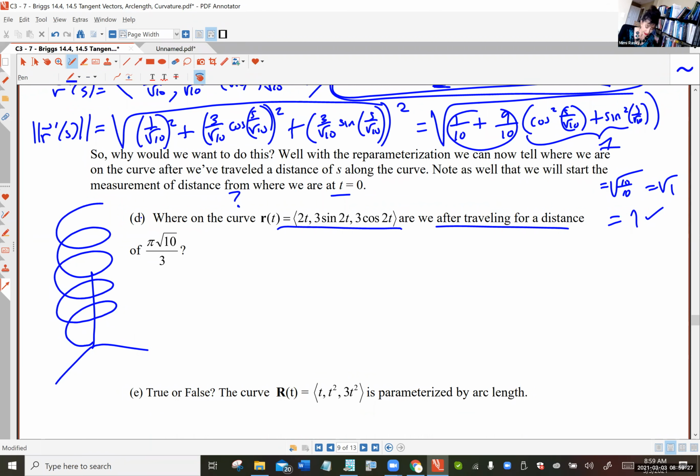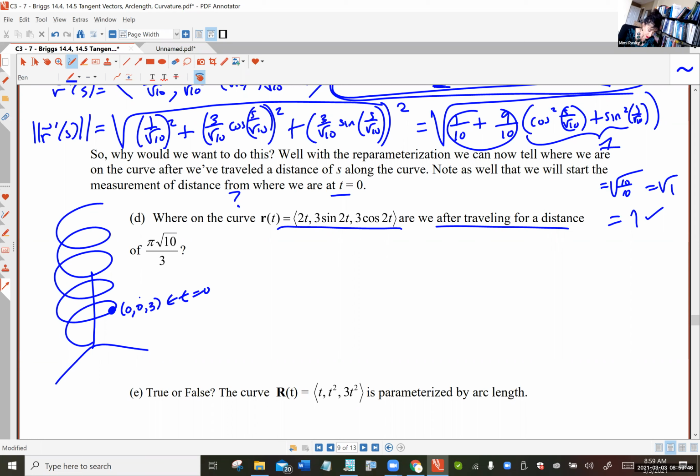Let's say you started at t equals 0, which I think is at the point 0, 0, 3, which would be something like right here, I'm just guessing. So 0, 0, 3 would be where time t equals 0.